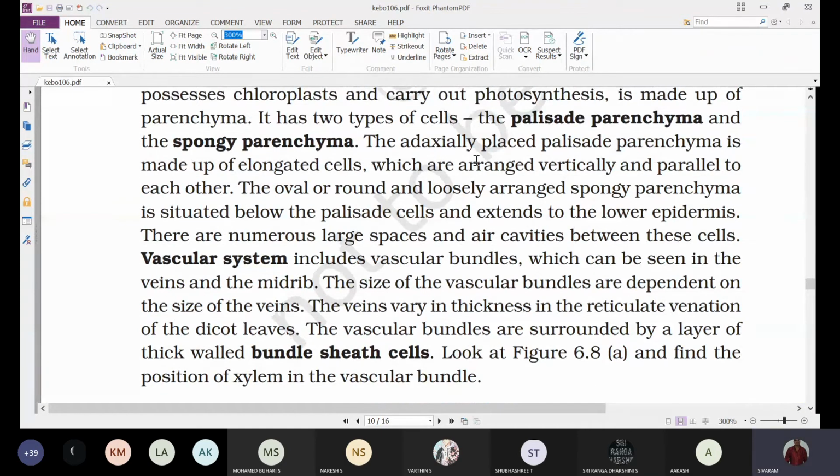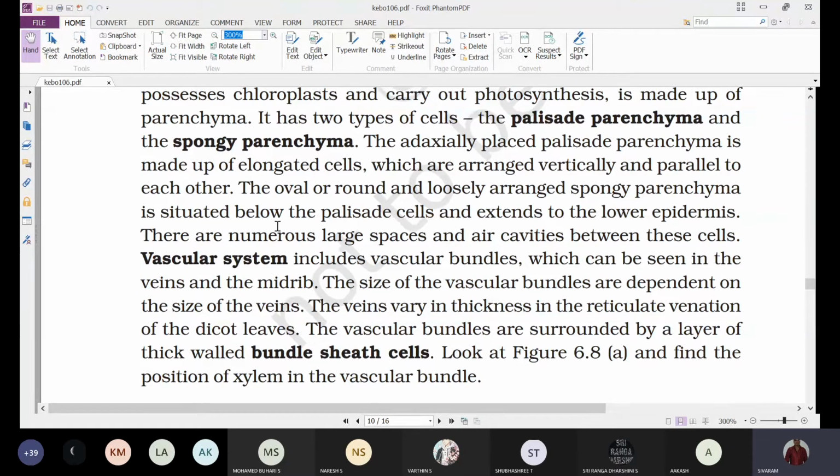So the adaxially placed palisade parenchyma is made up of elongated cells which are arranged vertically and parallel to each other. Whereas in the spongy parenchyma, the cells are oval or round and closely arranged.